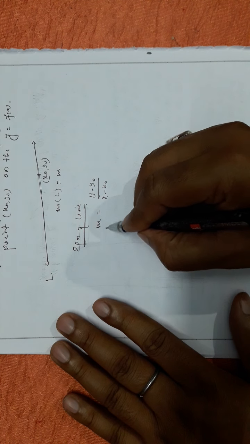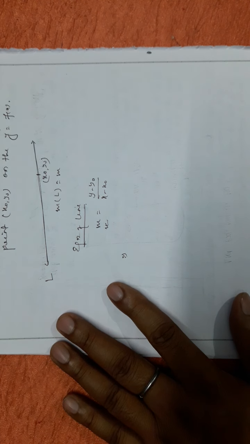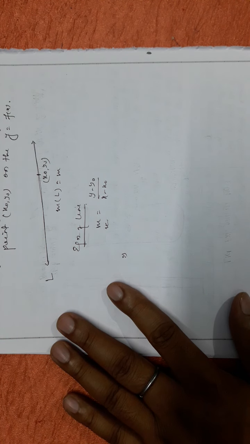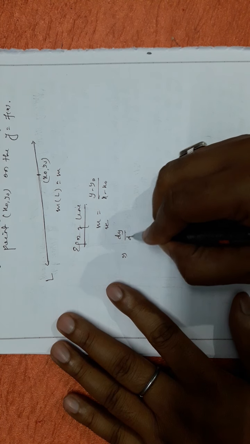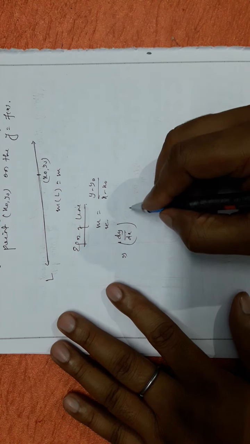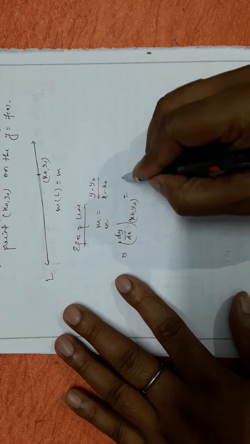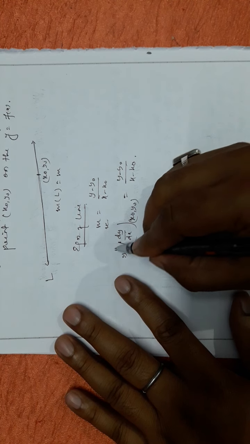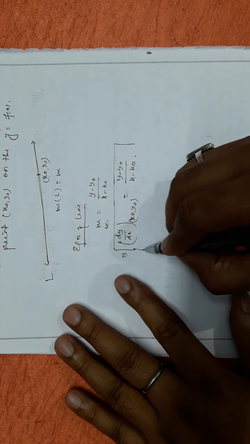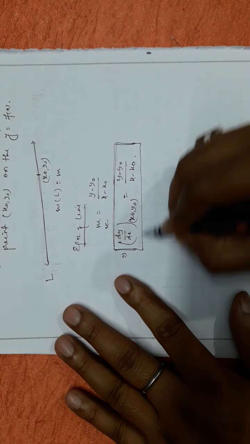Here m represents the slope of the line, and as we know the slope of the line at a point (x0, y0) is the tangent at that point. So dy/dx at (x0, y0) equals (y minus y0) by (x minus x0). This is the equation of the tangent at a point on the given curve.